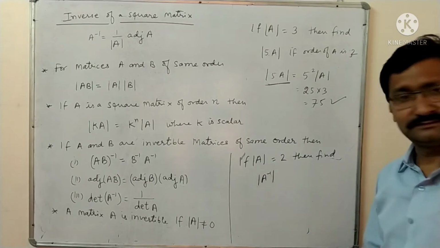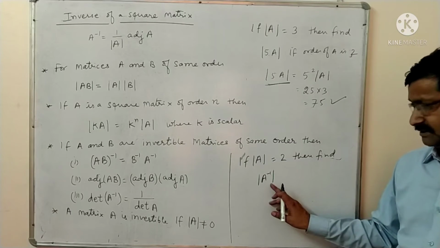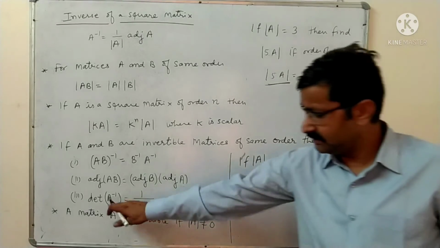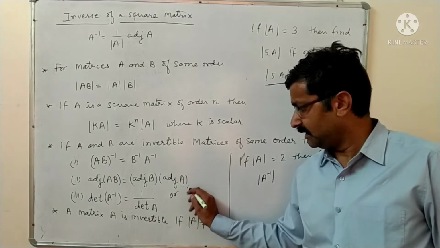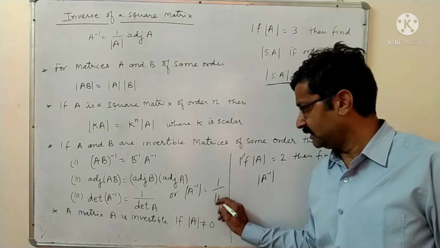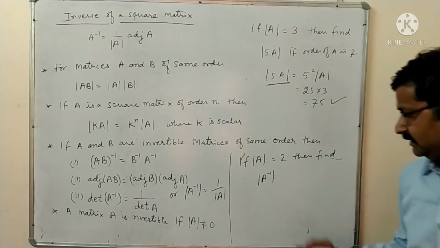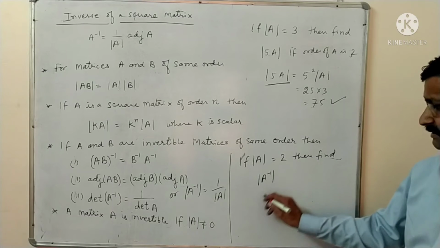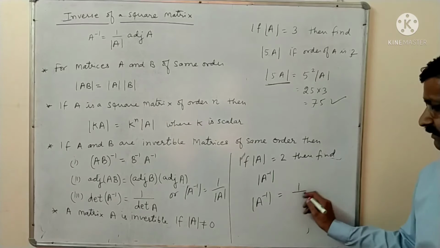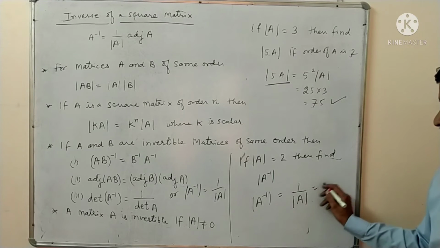If you get this type of question, then what you do: you can write determinant of A inverse equal to 1 upon determinant of A. So this you have to find, and we know determinant of A inverse is equal to 1 upon determinant of A, that is 1 upon 2.